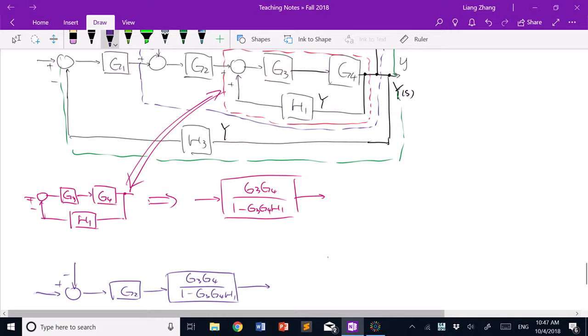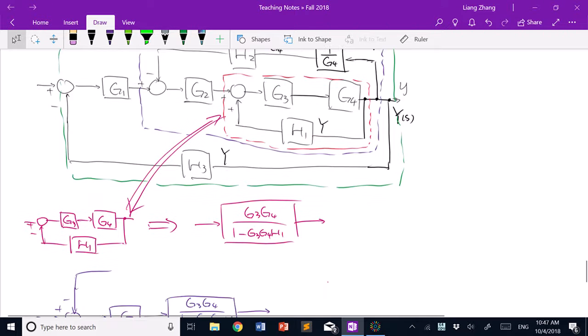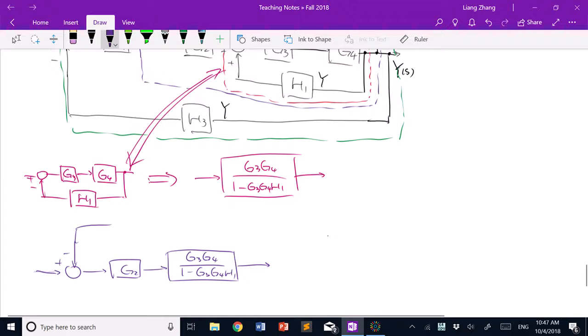And then G2 connects to this inner loop. And I know what the inner loop looks like, so I can just replace the inner loop with my, right? This is what I just already derived. This inner loop, and of course this connects to the outside. On top, what we have is H2 and 1 over G4.